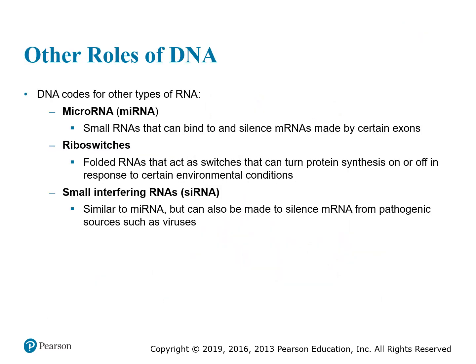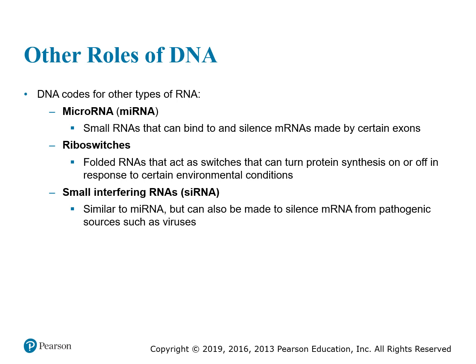So other uses of DNA and RNA, well, DNA has structural genes for microRNA, riboswitches, small interfering RNAs, and even the rRNAs. So microRNAs are small RNAs basically that can silence mRNAs if they bind them. So this leads to differential expression of genes.